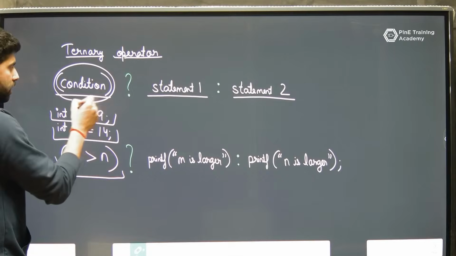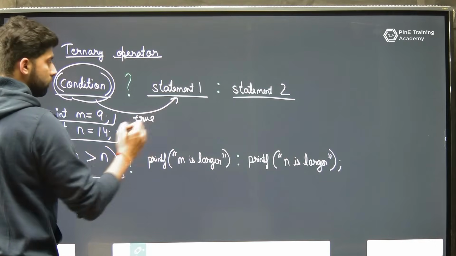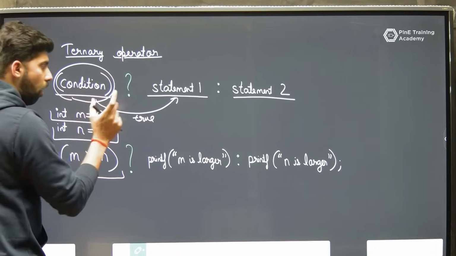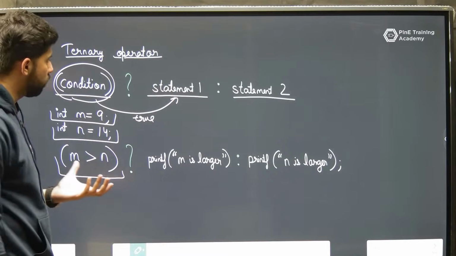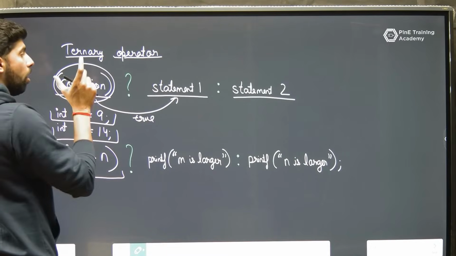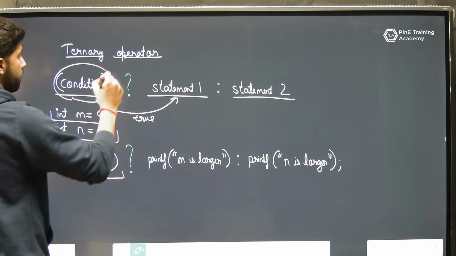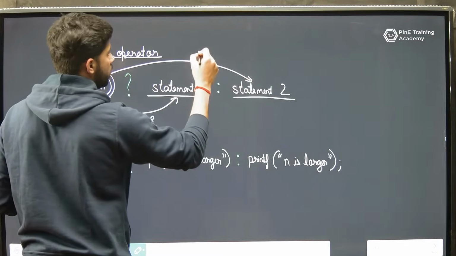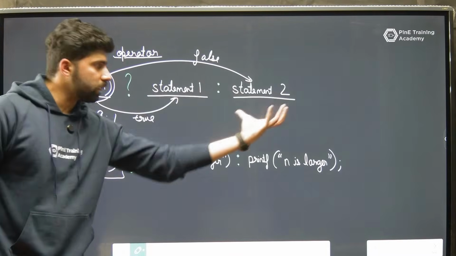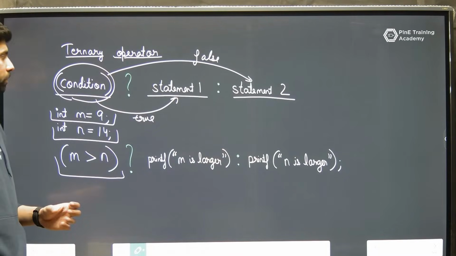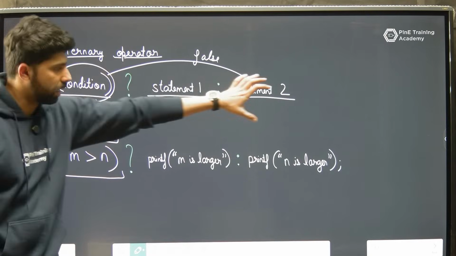If the condition is true, the statement before the colon will always be executed. If the condition is false, the statement after the colon will always be executed. So condition true, statement 1; condition false, statement 2.